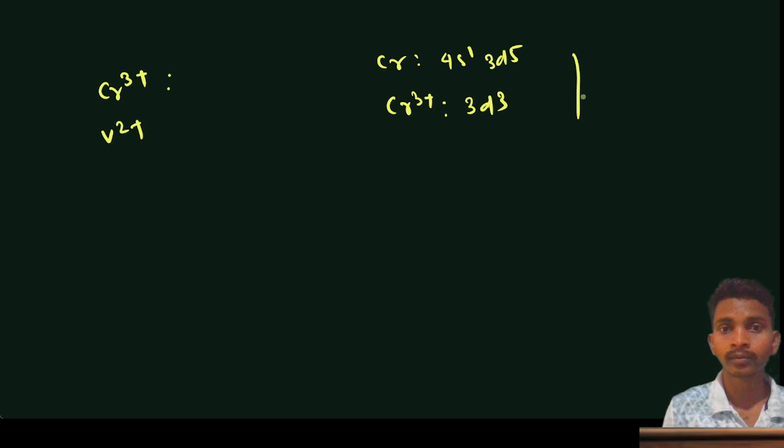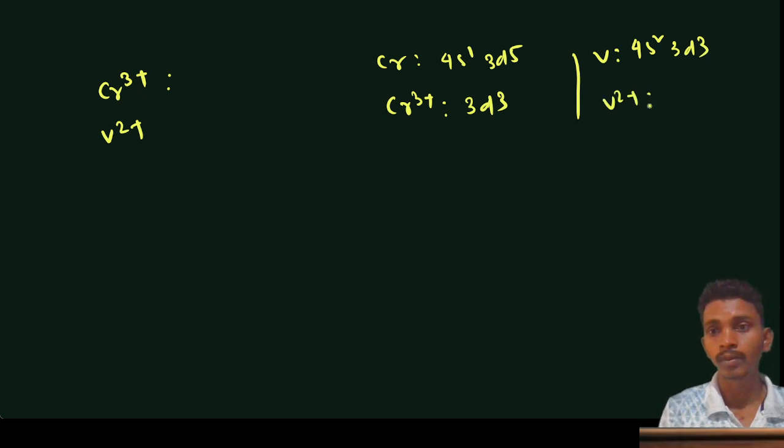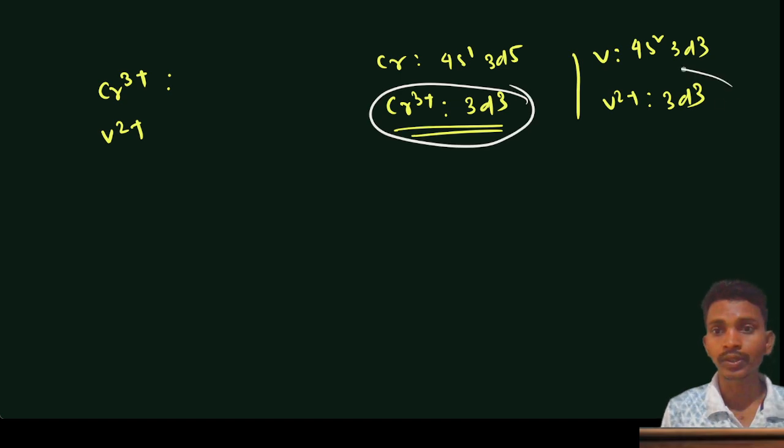Similarly for vanadium, that is 4s2 3d3, and vanadium 2 plus will be 3d3. So in both the cases we have the electronic configuration 3d3.